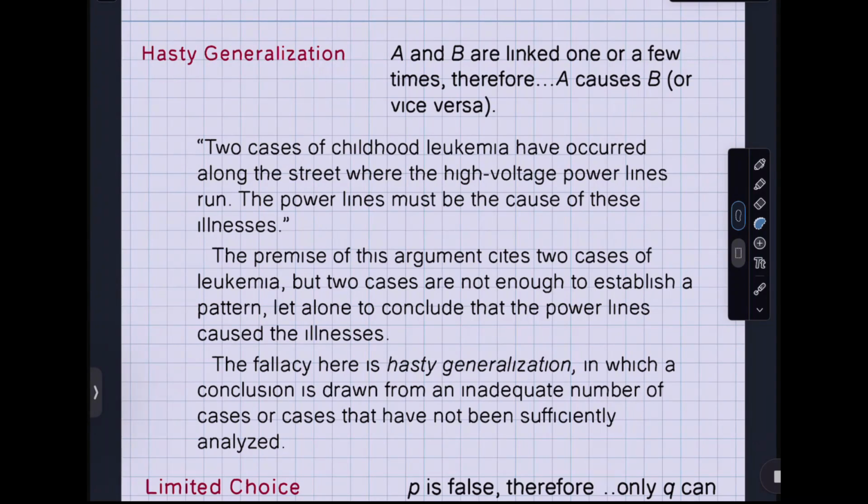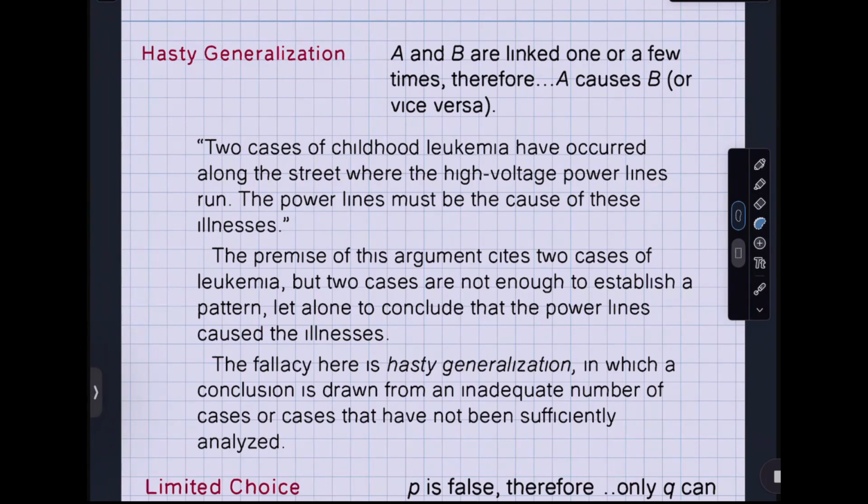Just because there are 2 cases of 2 people getting sick in this town doesn't necessarily mean, I can't remember what the cause was, whether it was the waste in that town, right? Like the company poured their waste in that town, and then there are a bunch of sick people. So they think it's a hasty generalization.